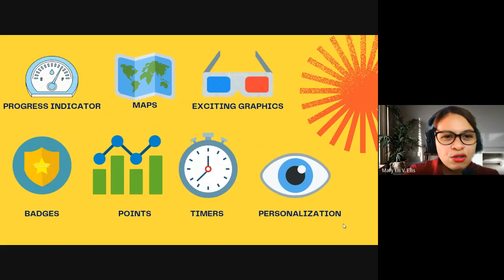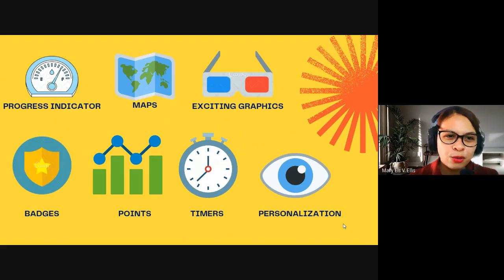We don't just use a learner area with just menus. We want learners to explore. They also love to see exciting graphics, and some badges would really get their attention.